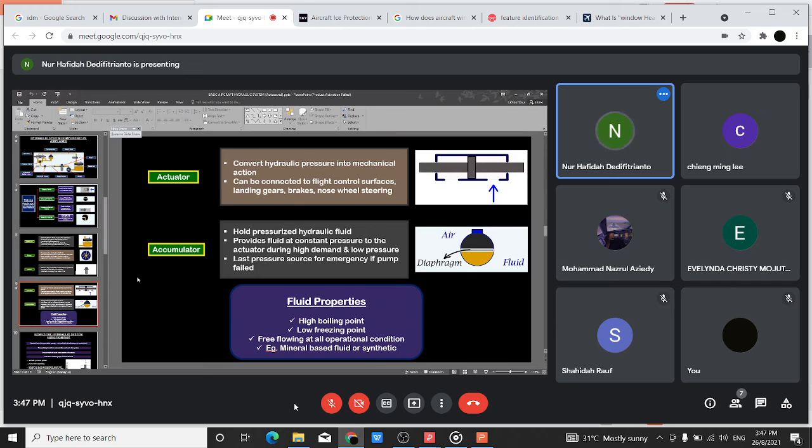So I think that's how it functions. Other than that? I'm not sure, sir. That's the only thing. So you need to read up on this accumulator. It's a very good function.